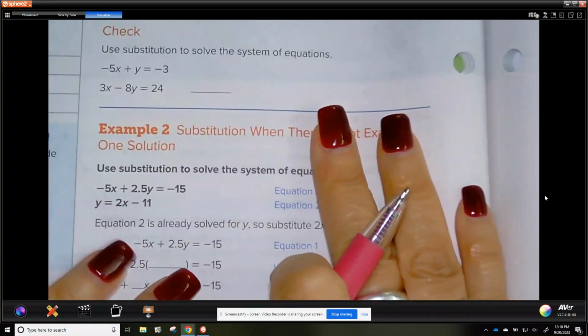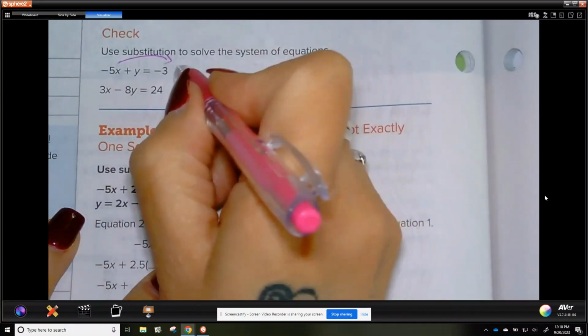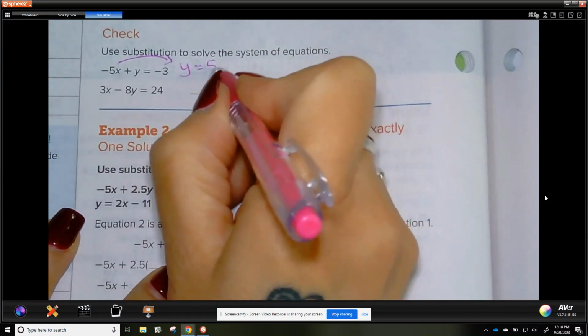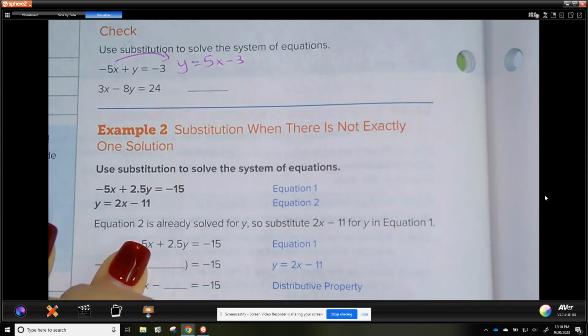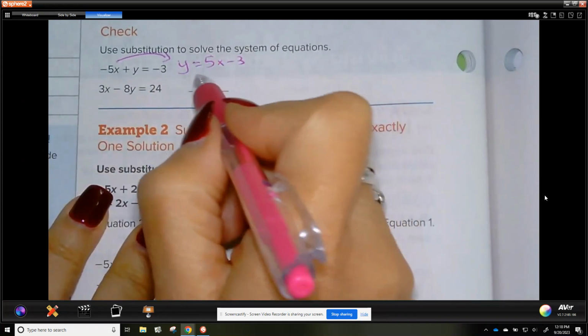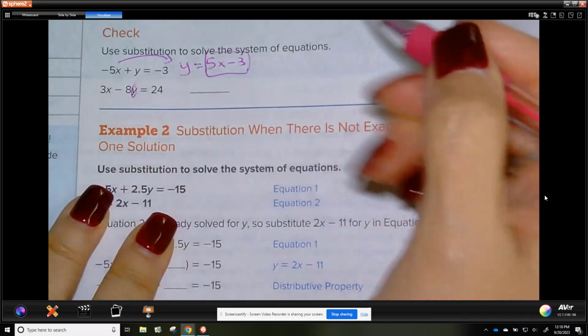Looking at these two, this one looks really easy to get y by itself, so I'm going to change that to y equals 5x minus 3. Remember, the 5 changes signs when it crosses the equals. And I'm going to plug this in for the y right here.